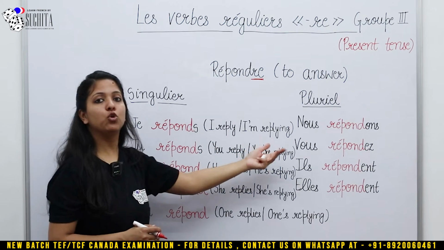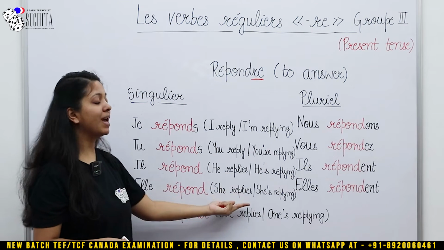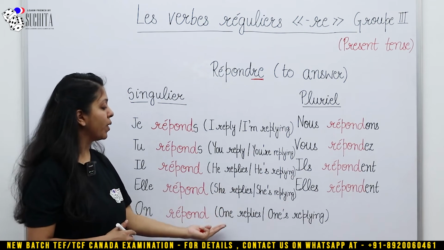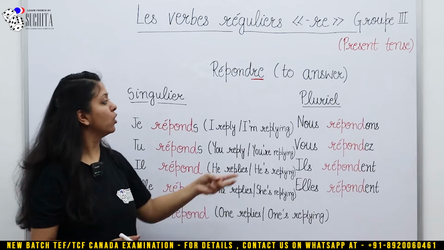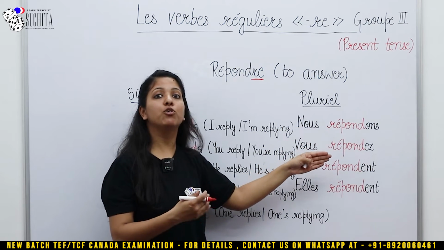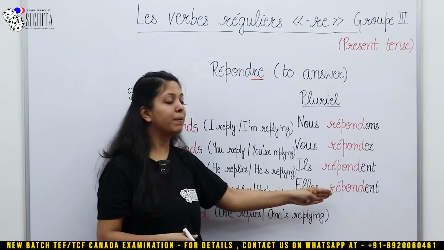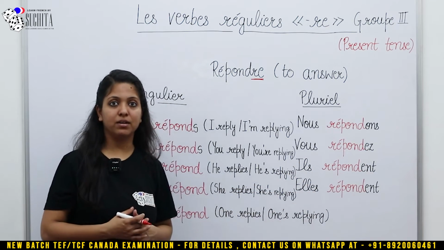So you reply or you are replying. He replies or he is replying. She replies or she is replying. One replies or one is replying. We reply or we are replying. You reply or you are replying. They reply or they are replying.